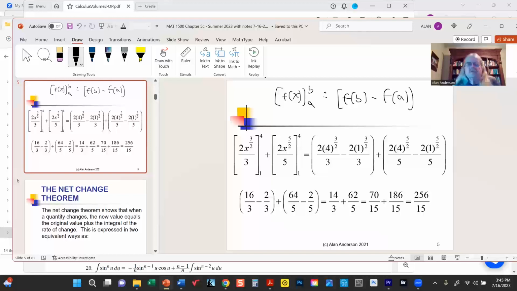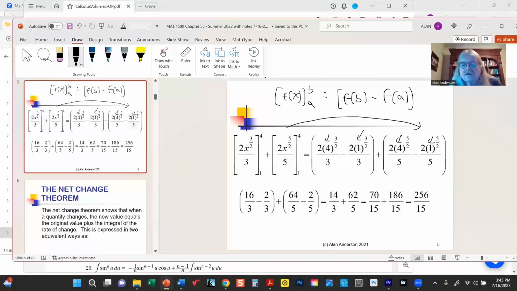Here we have 2/3 x to the 3/2. The first term will be the x is replaced by a 4, and then the second term is replaced by 1. We subtract one from the other. In the second case, again, the x is replaced by a 4 here and a 1 here.